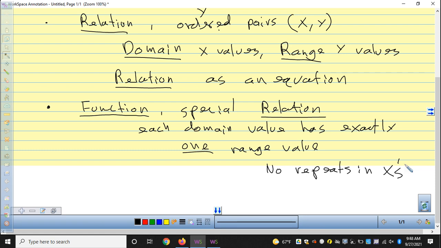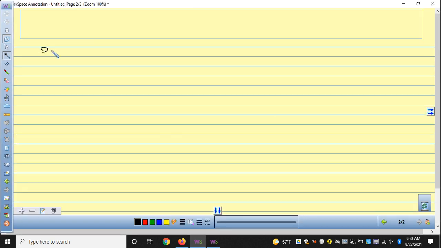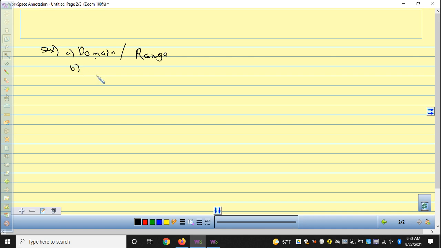All right, so let's look at an example. Down below we have a couple of examples. For the examples, we want to identify the domain and the range. That's part A. Part B is represent the relation with a mapping diagram. I'll show what that is in just a second.